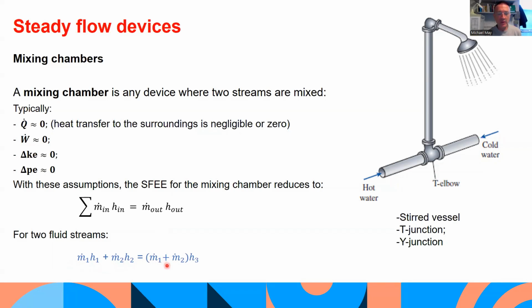And then that equals the two flow rates together multiplied by the enthalpy of the outlet stream. So we've got hot water coming in, cold water coming in. They're mixing and coming out up here. So what we effectively want to do is know what the mass flow rate and the enthalpy, or maybe the temperature, coming out here is.